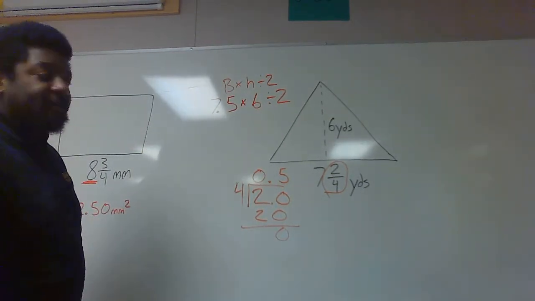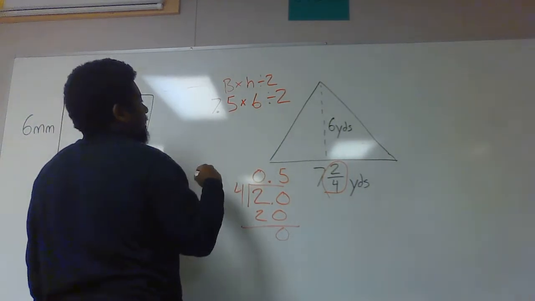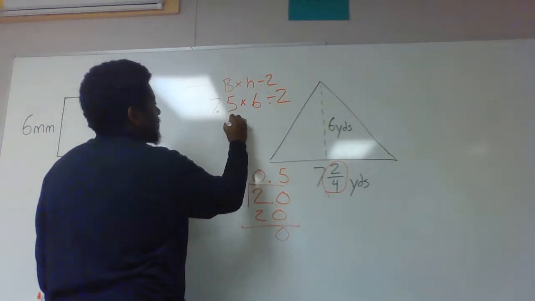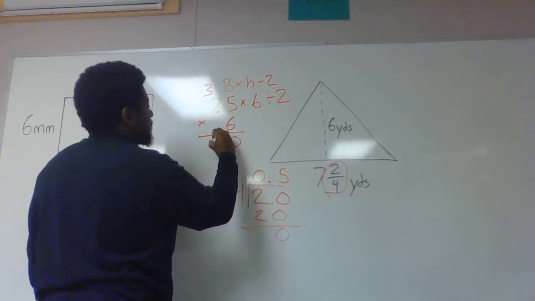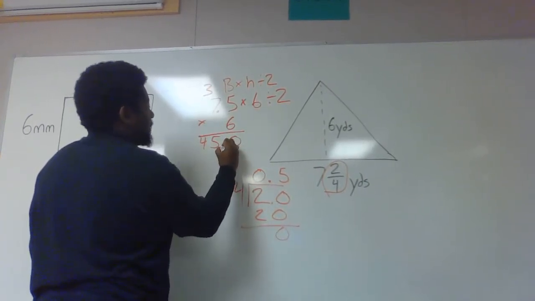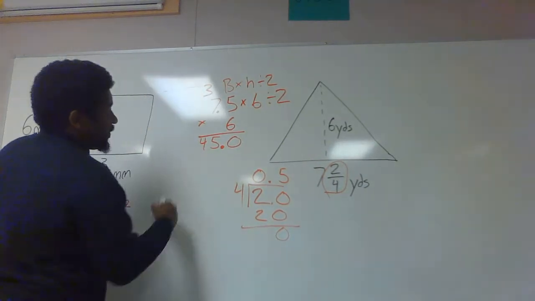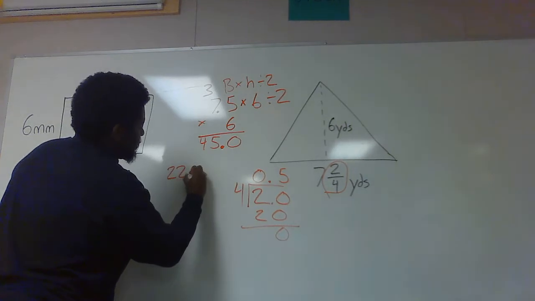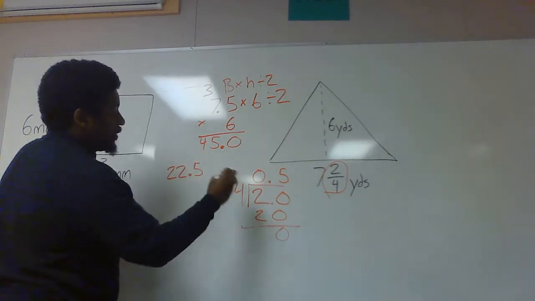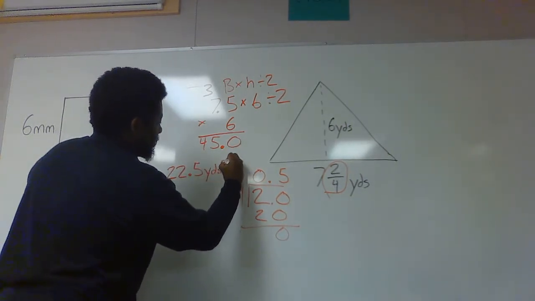Now we just do the math to figure it out. 7.5 times 6. That's 45. And 45 divided by 2, or half of 45, is 22.5 yards squared.